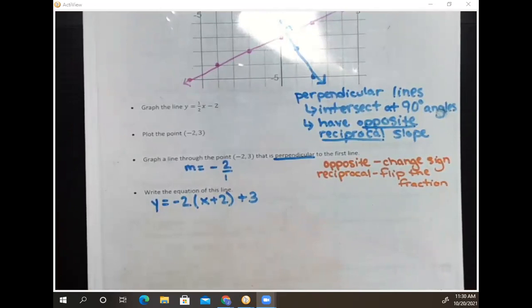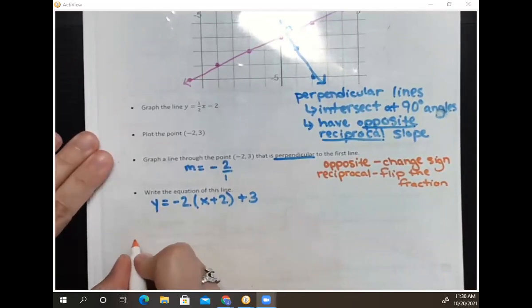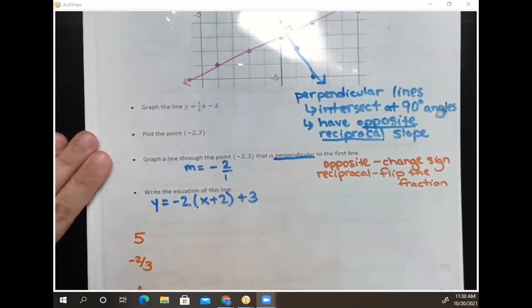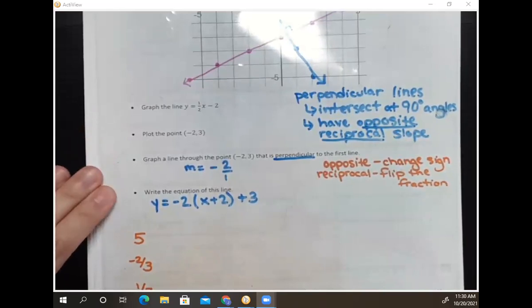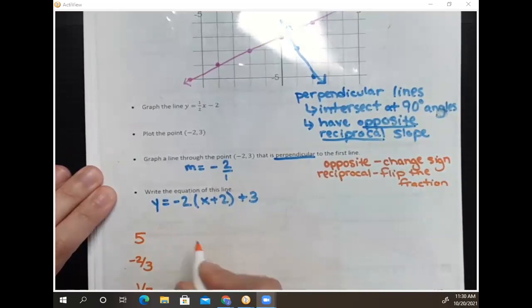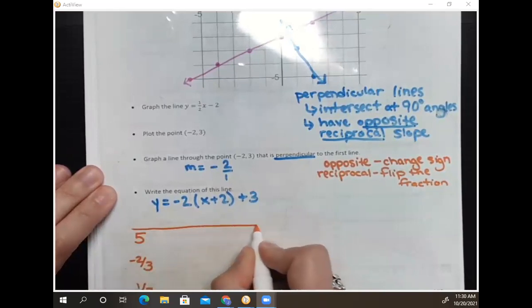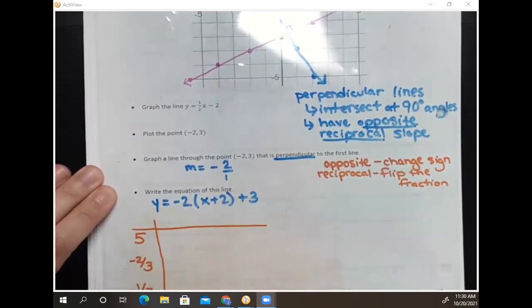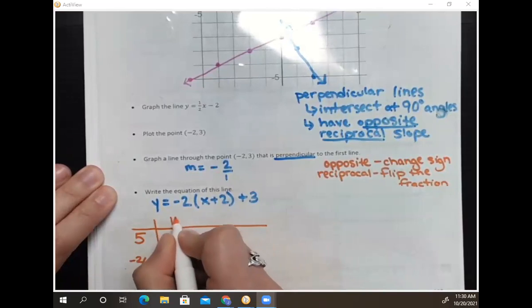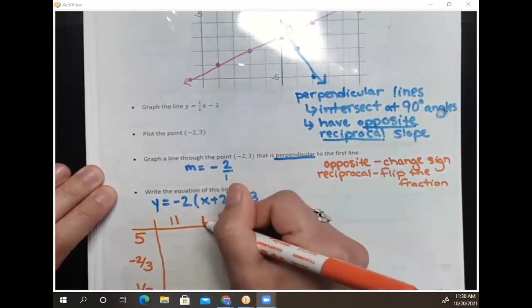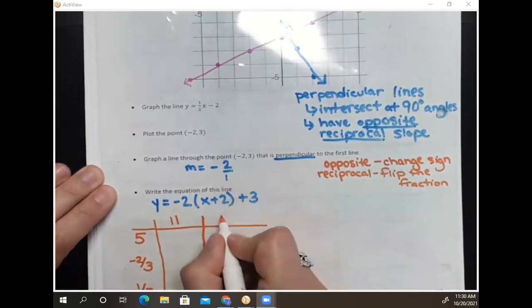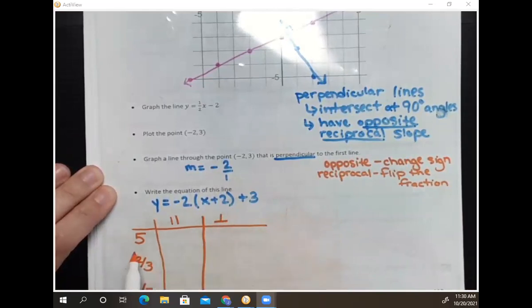Okay, there's one more thing I want to do at the bottom of page 118. I'm going to give you some slopes. I want you to jot them down for me. And then I want to practice that opposite reciprocal idea. So I want you to give me the slope of a parallel line and then the slope of a perpendicular line.